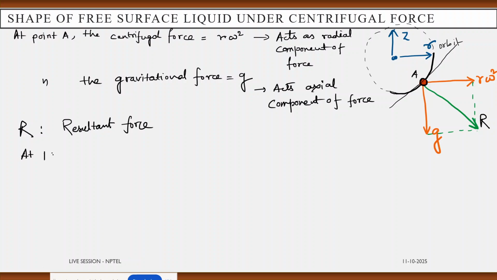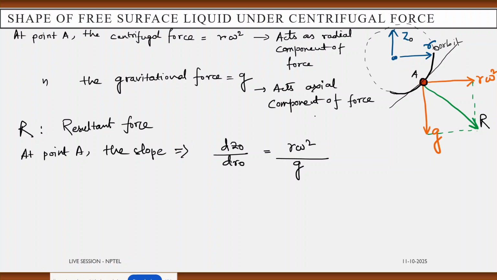At point A, the slope becomes dz naught by dr naught equals the radial component, that is r omega square, divided by the axial component, that is g.